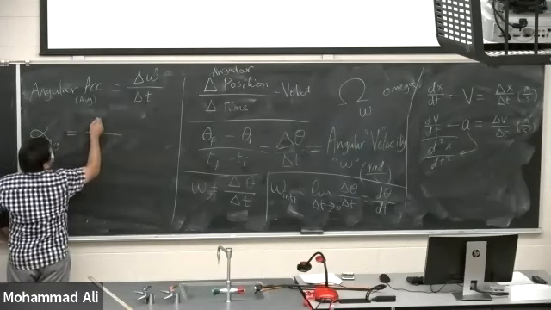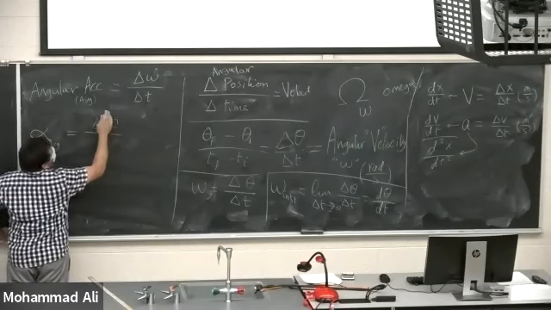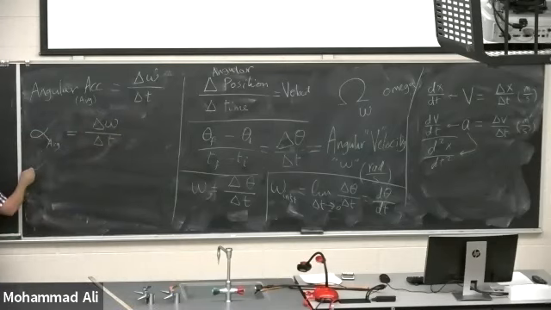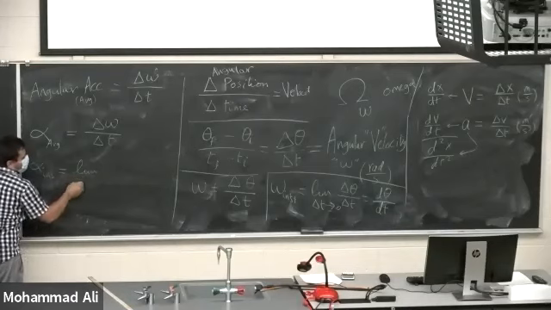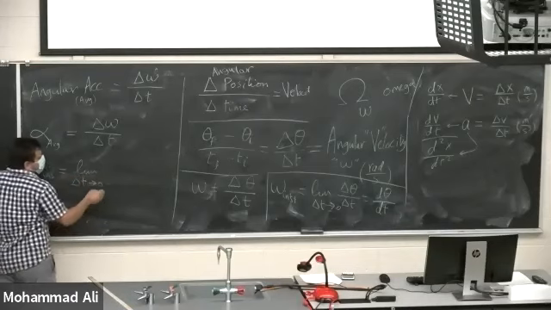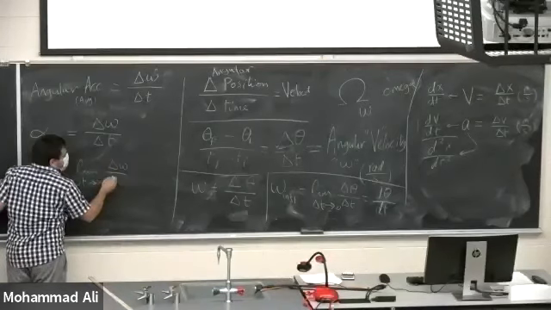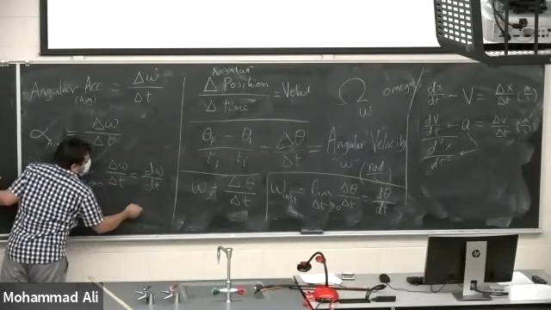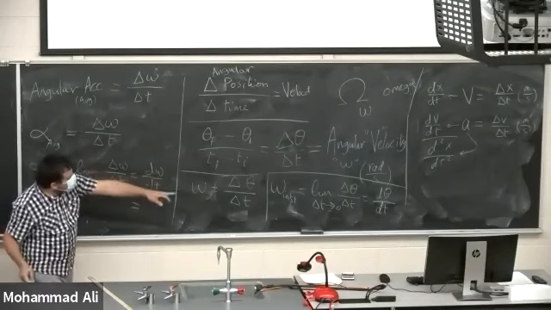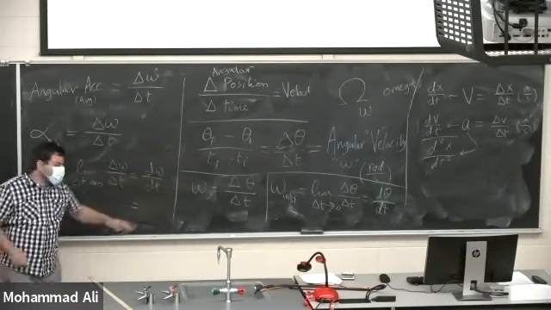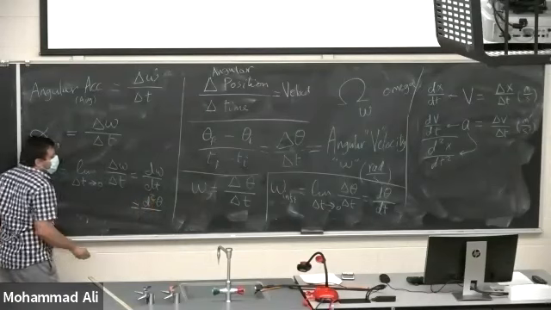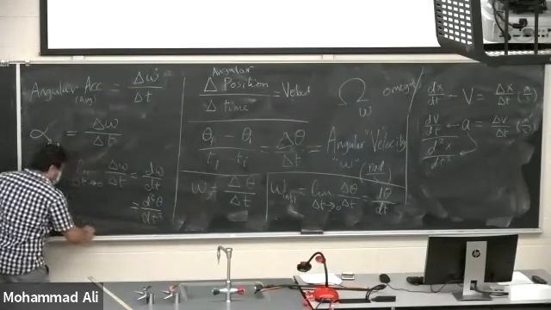This is delta omega over delta t. And alpha instantaneously is equal to the limit when the time period goes to 0 of delta omega over delta t, which is d omega over dt. And again, omega is the first derivative of the angular position. This will be equal to d2 theta over dt squared.